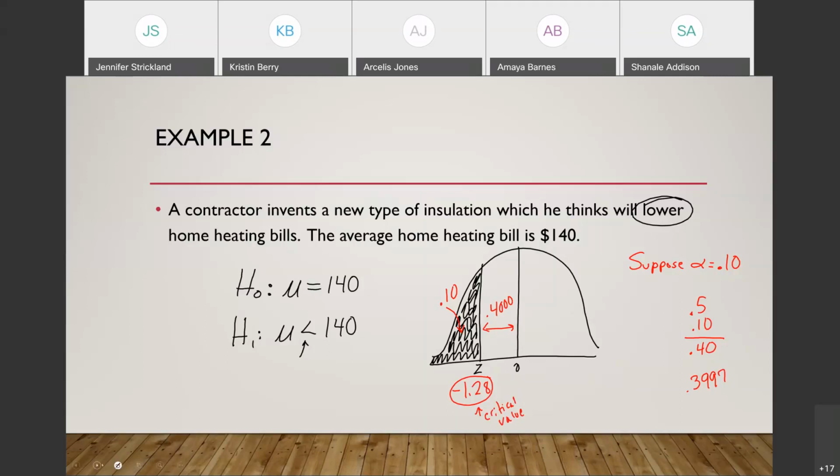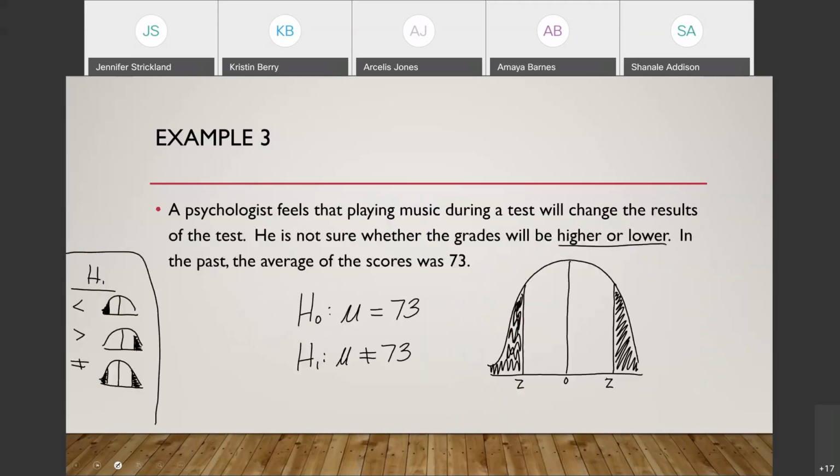All right, so the third one is a little bit different because the area is split in two parts. So let's say that I give you an alpha value of 0.05. And 0.05 is the total area that is shaded, so not the area of each one. Okay.